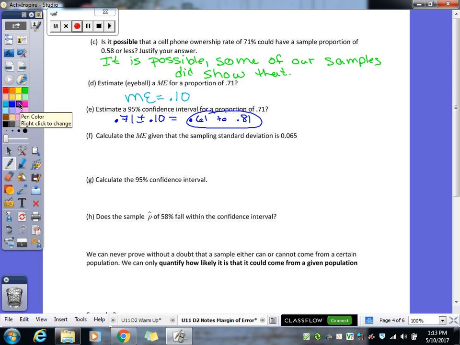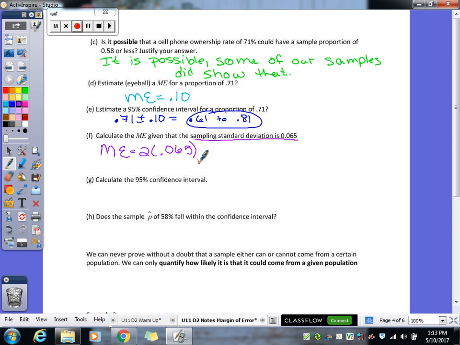Now what they're telling us is they actually ran the calculations, and our standard deviation is 0.065. Knowing that, they want us to calculate our actual margin of error. So our actual margin of error would be 2 times whatever your standard deviation is.